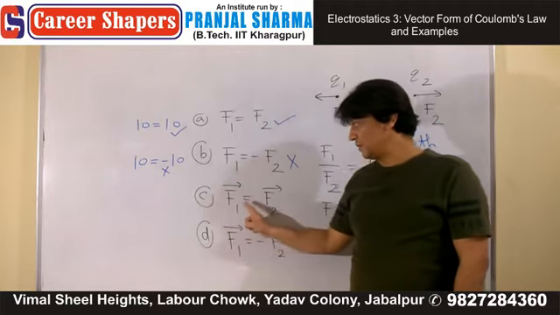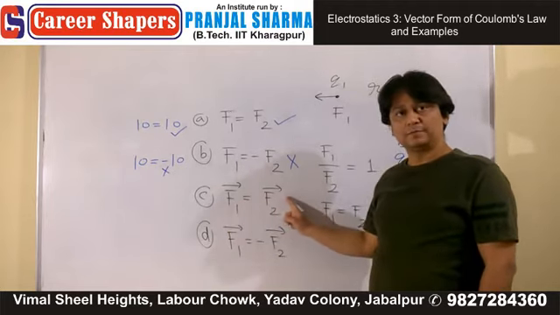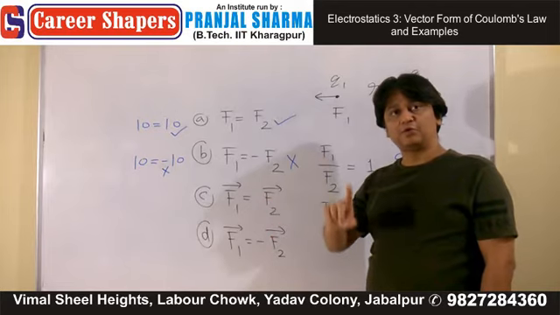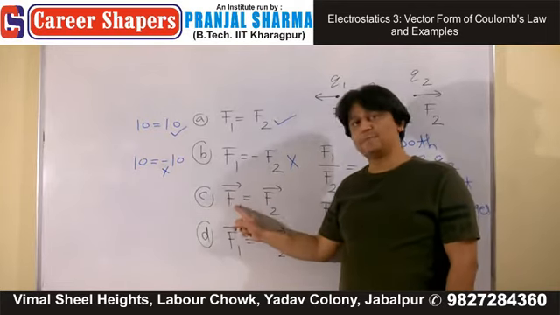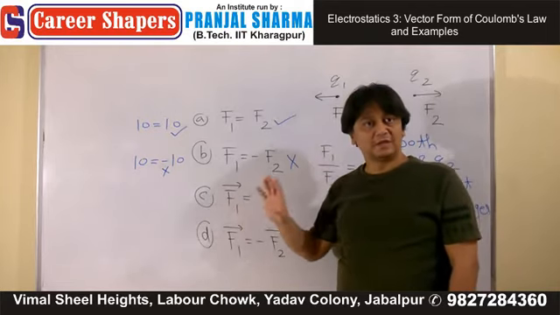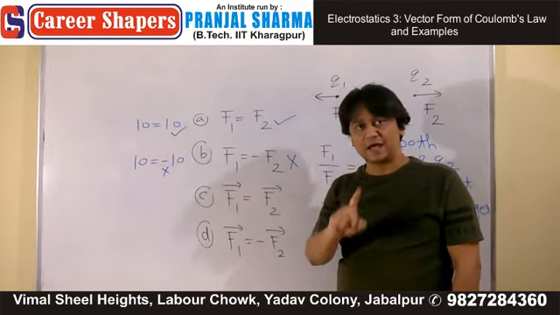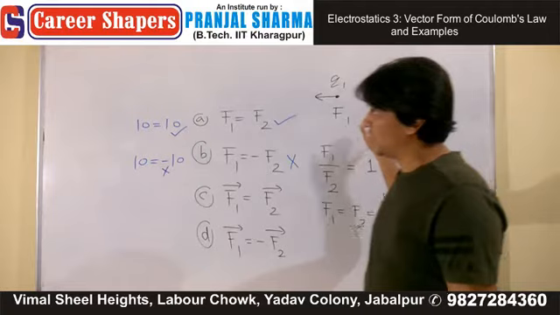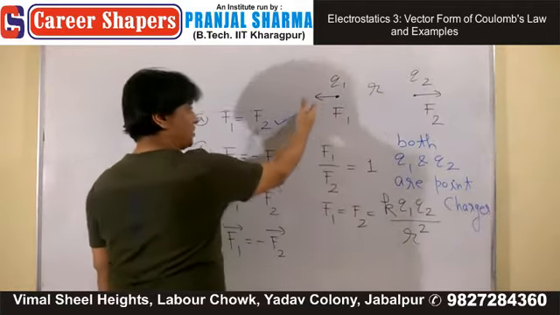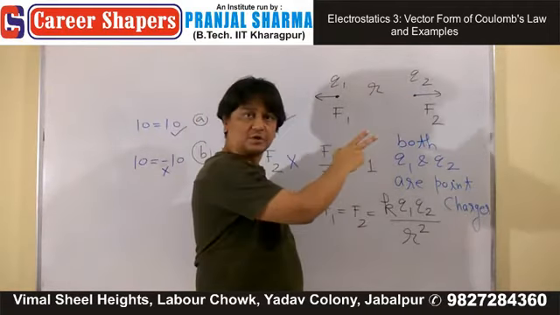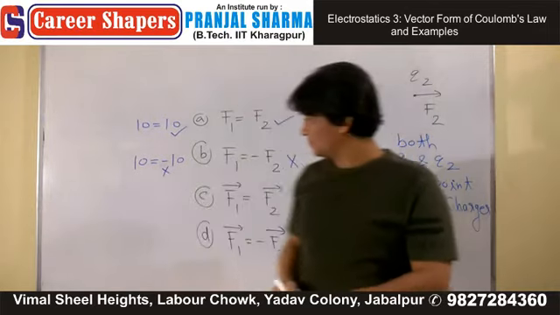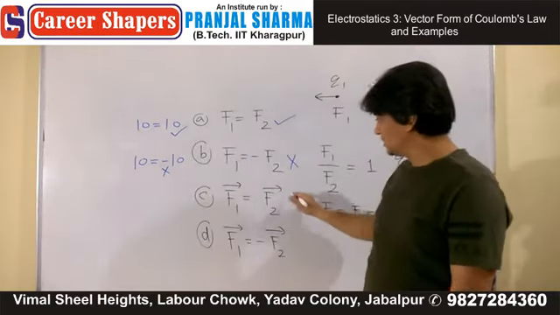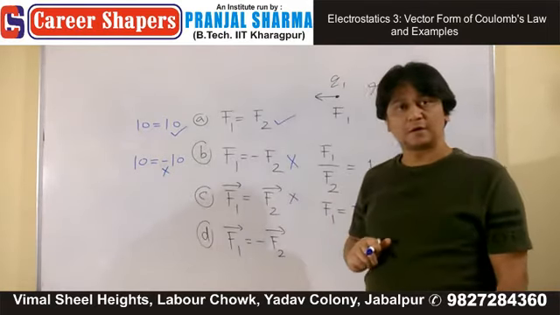When you say F1 is equal to F2, it means both action and reaction have same magnitude. At the same time, they have same direction also. But you can see that they have same magnitude, but their directions are opposite. Which means this third option is not correct.